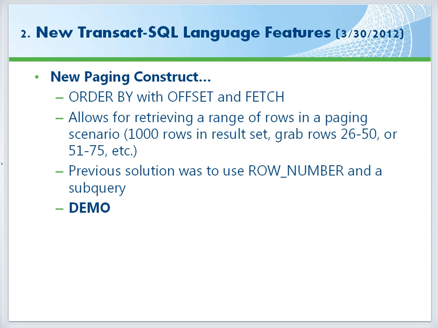So this goes beyond the row number scenario that many people utilized back to SQL Server 2005, where people would generate a row number and then query from that row number once it's materialized. We can now use offset and fetch to go directly against the internal row number that SQL Server is going to generate.